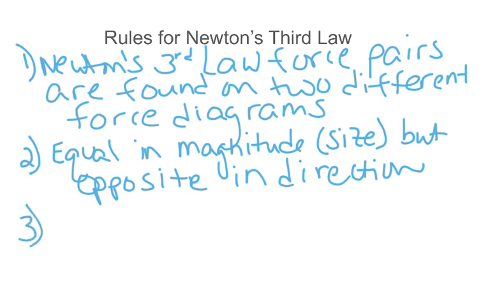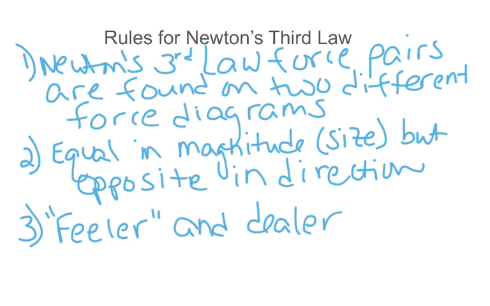So another way to identify Newton's third law pairs is that the feeler and the dealer are reversed.